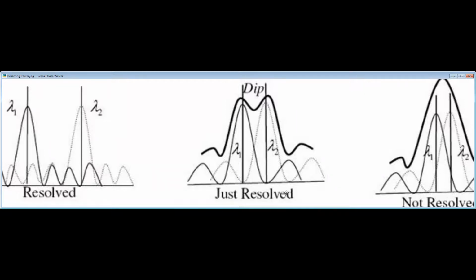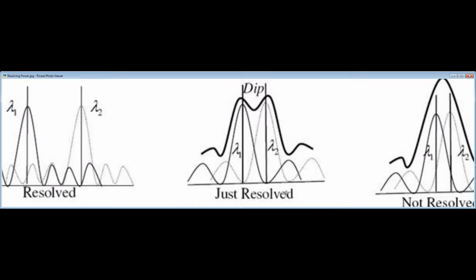In this case, the difference between the two wavelengths lambda 1 and lambda 2 is small enough that it satisfies the condition of Rayleigh criteria, according to which the central maxima of the diffraction pattern due to lambda 1 coincides with the first diffraction minimum of the diffraction pattern due to lambda 2 and vice versa.